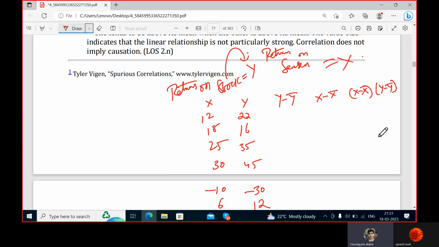Yes, sir, I'm writing it down. What is the meaning of bar, Abhijit? Average.